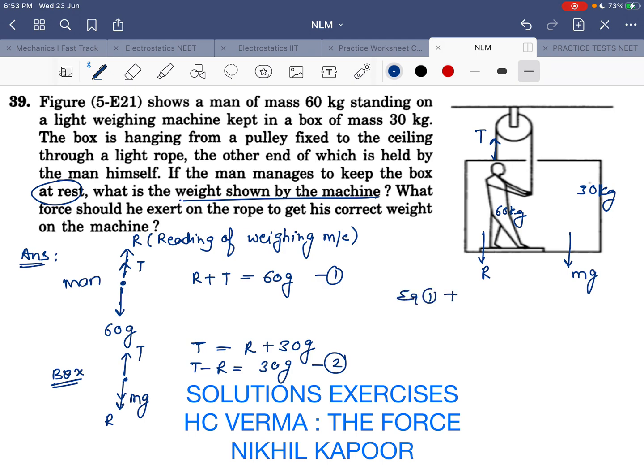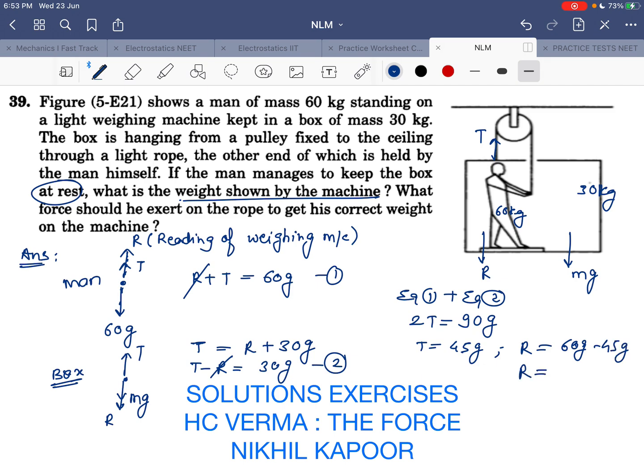Now if we add equation 1 and equation 2, the reaction force will get cancelled out and you will get 2T equal to 90g. So T comes out to be 45g. On substituting the value of T in any one of the equations, you will get R equal to 60g minus 45g.